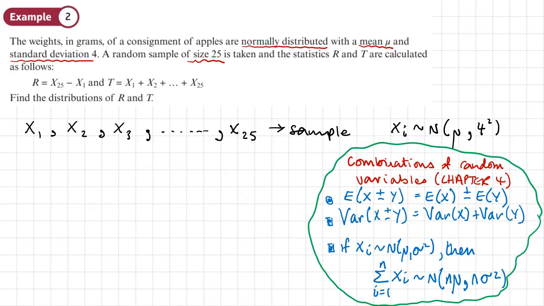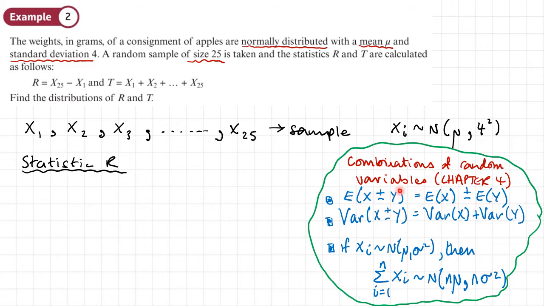So what we can do to help us answer this question, we can use these results from chapter 4 where we've got combinations of random variables. So let's start by looking at the statistic R. And we can see from R what we're doing is we're subtracting one of the random variables from the other. So we're going to be using this rule here: E of x minus y is going to be E of x minus E of y.